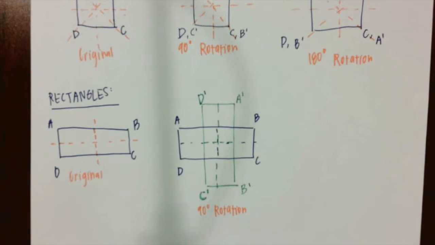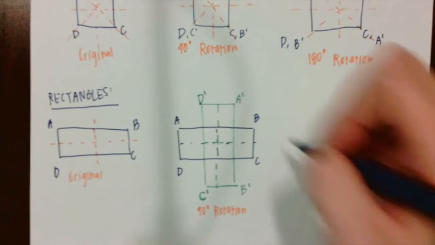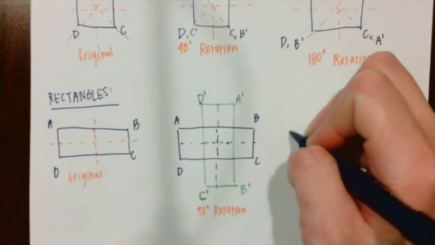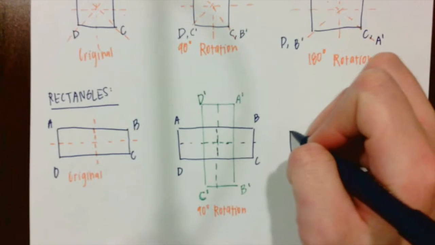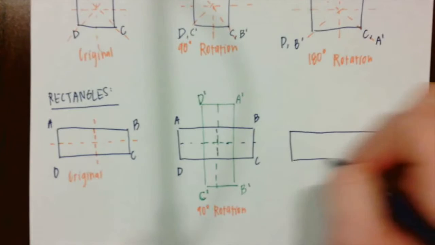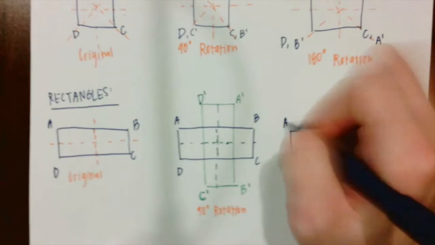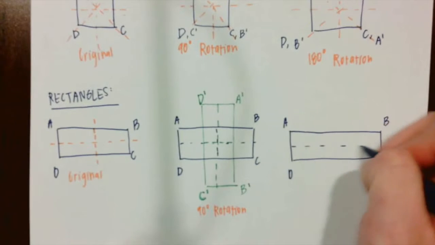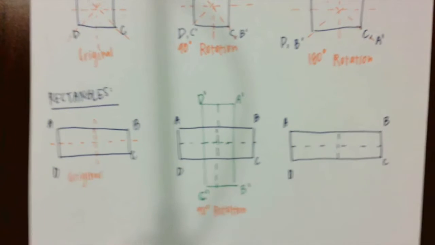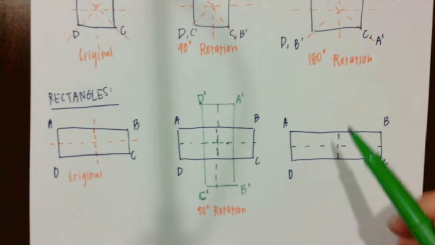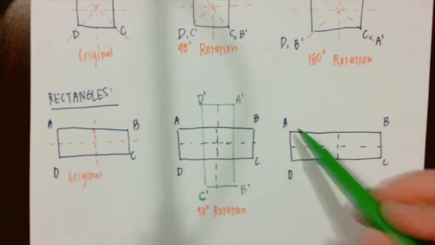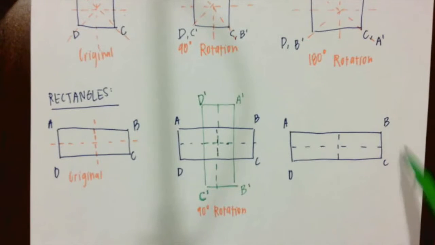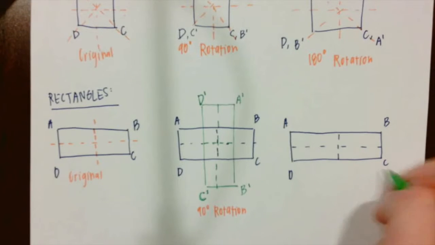Now what about a 180-degree rotation of a rectangle. So we start out with A, B, C, and D. Well, when we rotate 180 degrees, A goes from here all the way around 180 degrees to here.